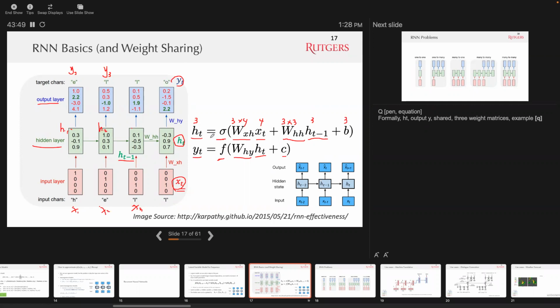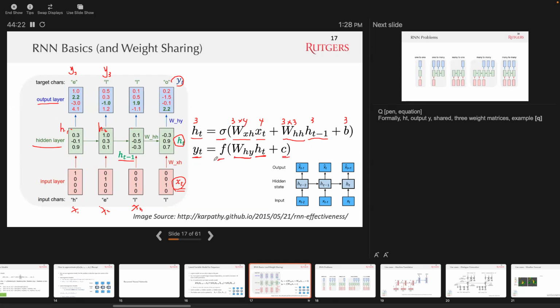Therefore, this f here is something like a softmax operation. We're going to talk about this in a little more detail in later slides. But for now, what's important is that to predict yt, all you need is ht, plus ht multiplied by some learnable parameters and some bias. So this is the basic operation in a recurrent neural network.